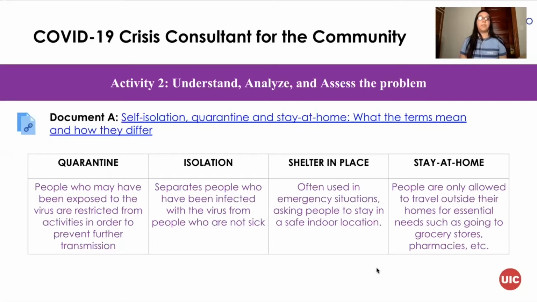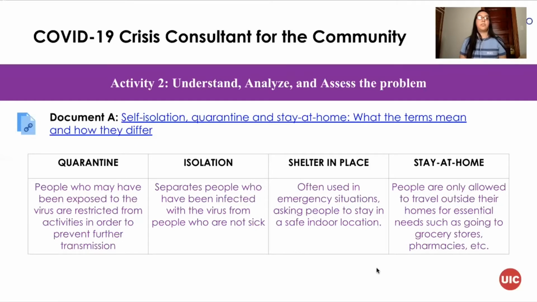An example for that would be if Diana had come from China, for example from Wuhan, China, and I had contact with her, then I would have self-quarantined myself in order to prevent any further transmission at my work or at school and stuff like that. And then moving on to isolation.